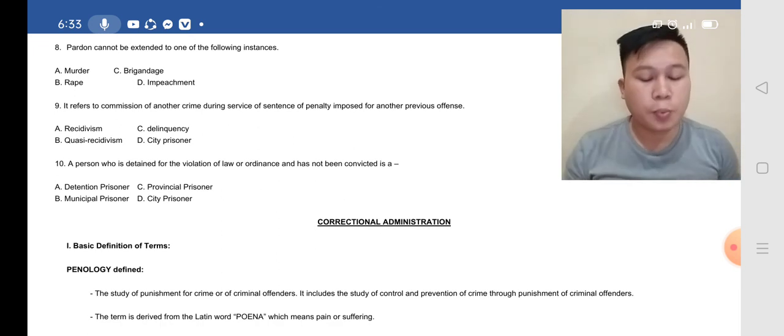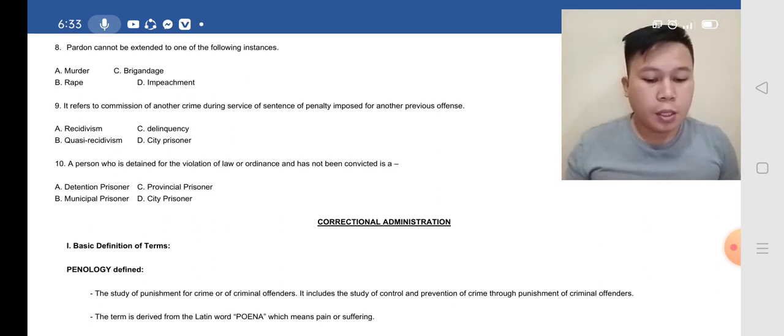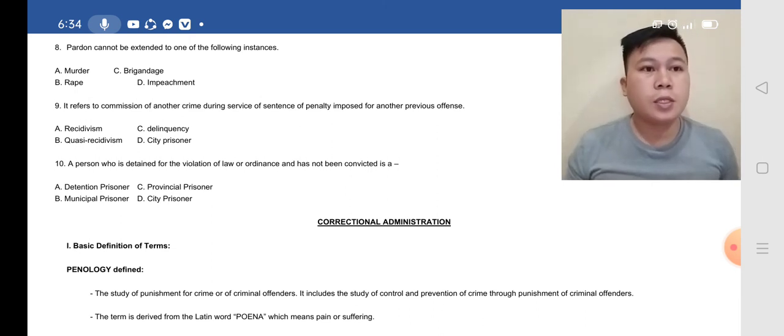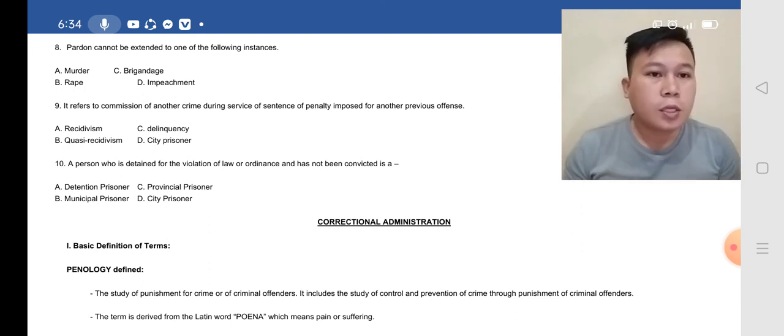So before I proceed with the non-institutional correction, I will be discussing mostly the module for correctional administration in order for us to understand the differences or the comparison between terminologies and theories comprising the correctional administration.